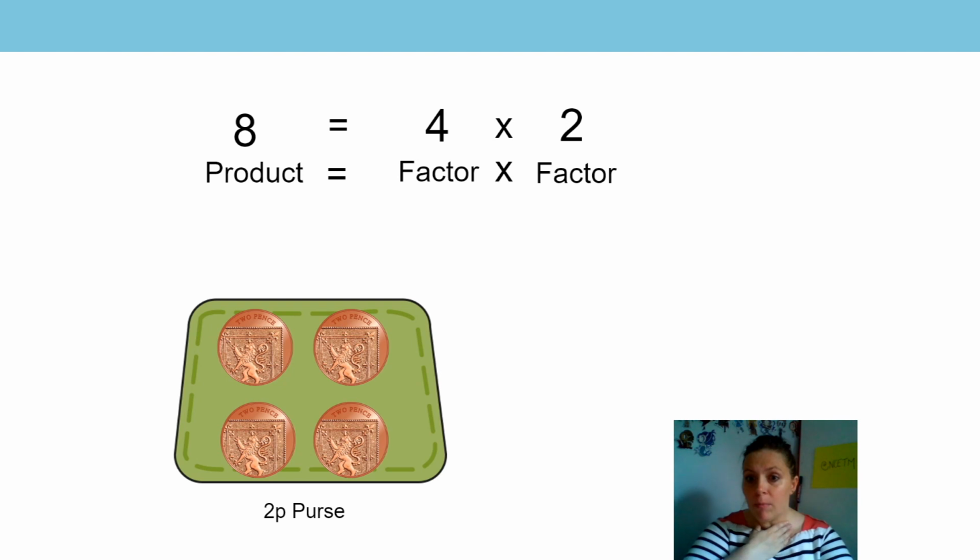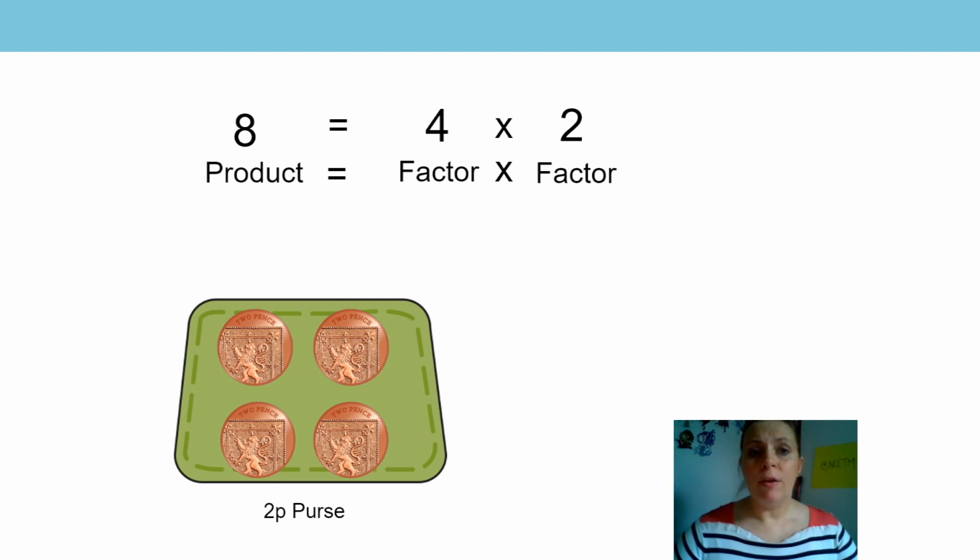Oh, my product is 8. How did you know that? That's right, because 4 times 2 is 8. We could count in twos, but maybe you just knew.